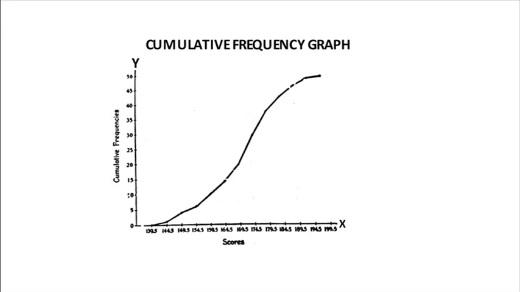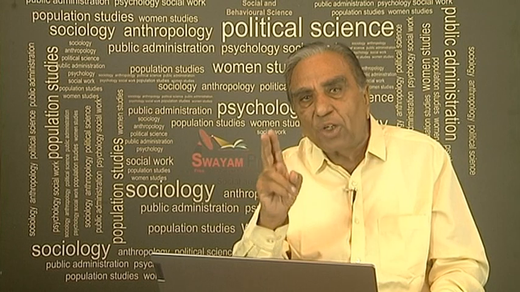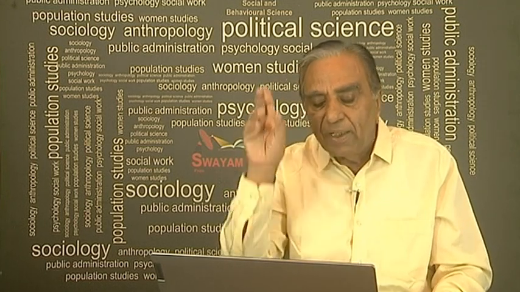So, the difference between the polygon and the cumulative frequency graph is that the polygon is drawn on the actual frequencies with the mid value of the class interval, whereas the cumulative frequency graph is not drawn on the mid value, it is drawn on the upper limit of the class interval.